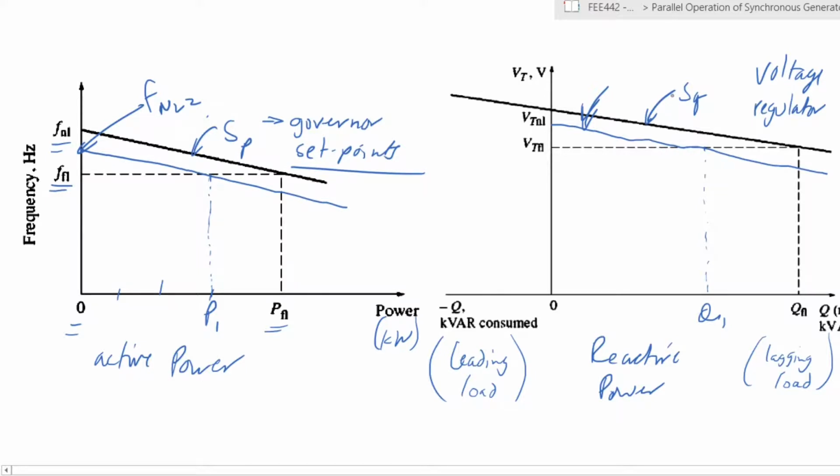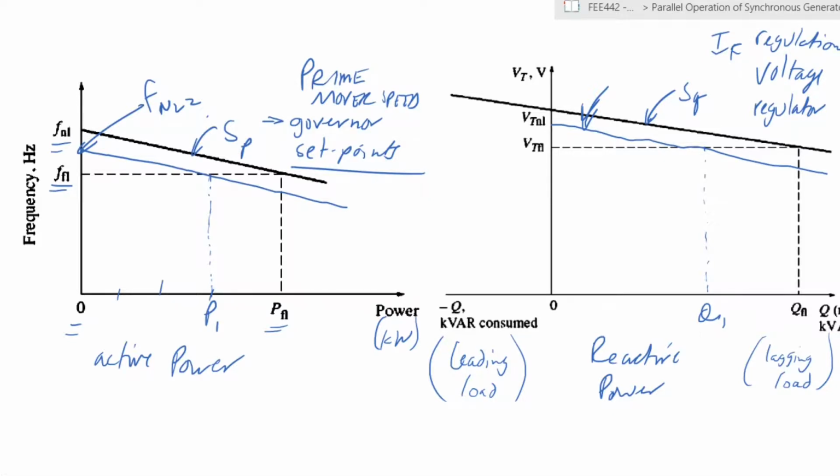So those are the characteristics of the governor and the voltage regulator. Once again, the governor is prime mover speed and the voltage regulator is field current regulation. Remember, with field current, we had a variable resistor that was changing the value of field current, which in turn changed the value of induced internal voltage, which in turn affects the terminal voltage, which is what we are looking at in terms of these characteristics.